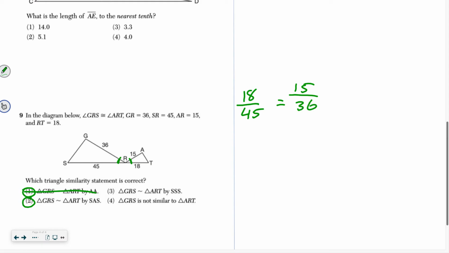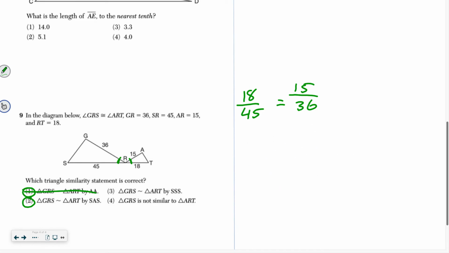Is this true that 18 over 45 is the same thing as 15 over 36? Well, you could cross multiply here, or you could just divide. So let's do 18 times 36. That's 648. Is that the same thing as 45 times 15? That's 675. Boom, that is not true, right?